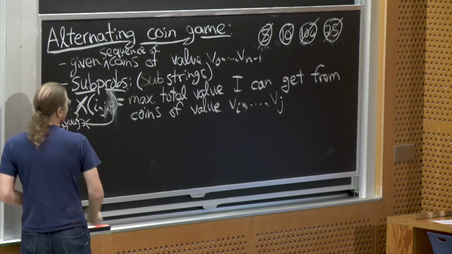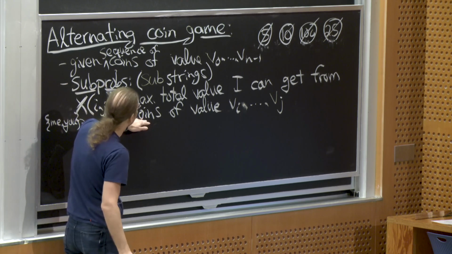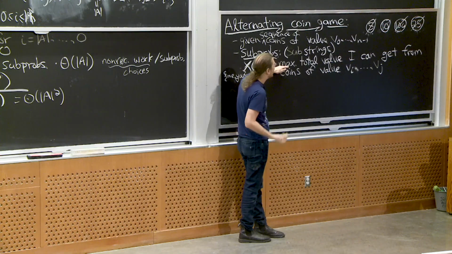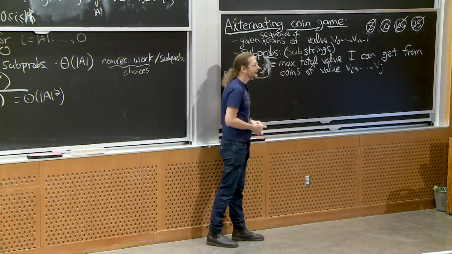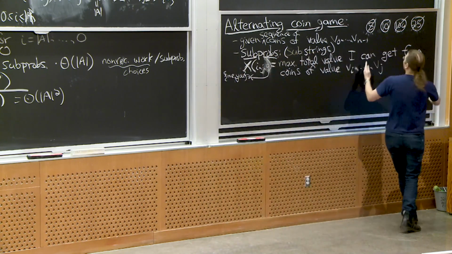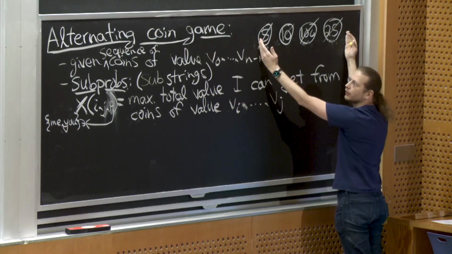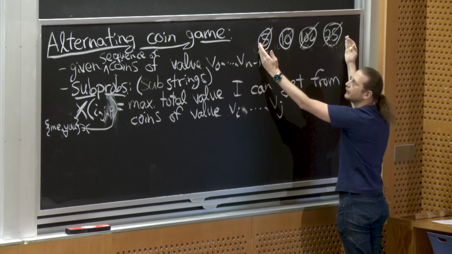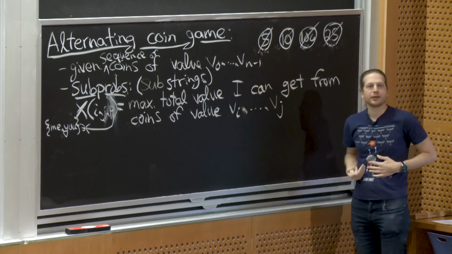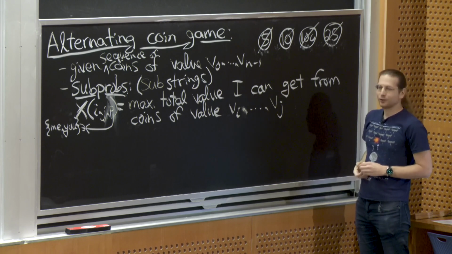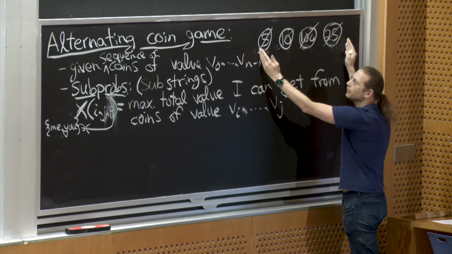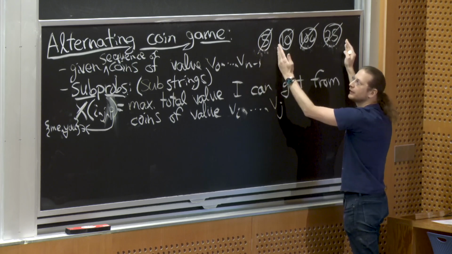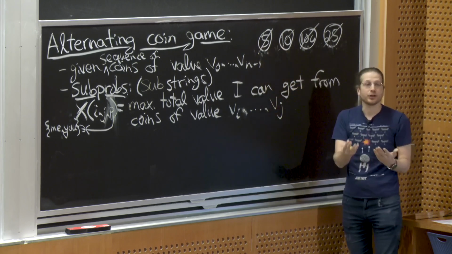It's me or you. And this gets at a point that's maybe not totally clear from this definition. Max total value that I can get from this substring of coins. But this is not obviously what I need. At the beginning, I want the whole string, and I want to know what my maximum value is. Fine. And I go first in this game. But as soon as I take the first coin, for example, it's now your turn.